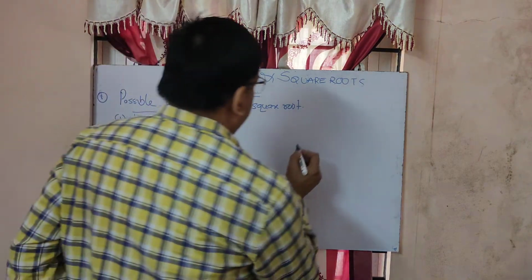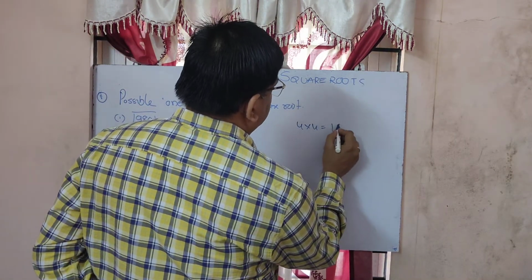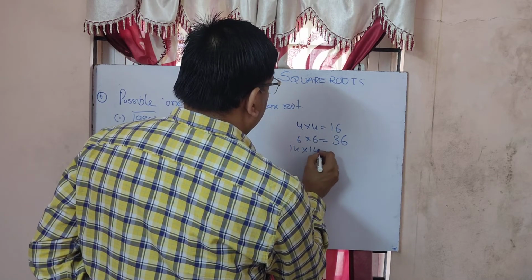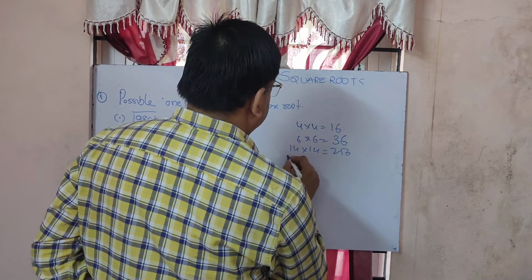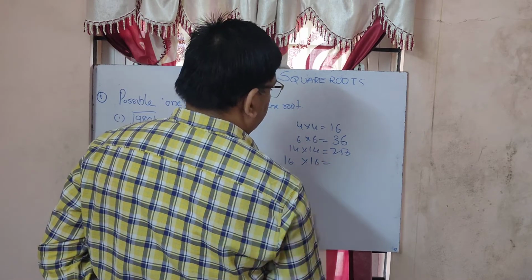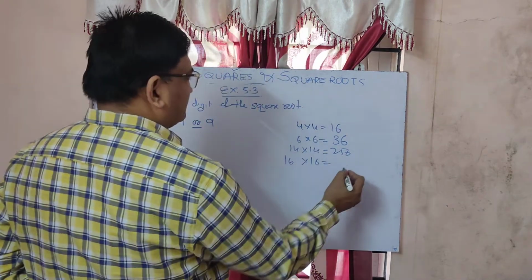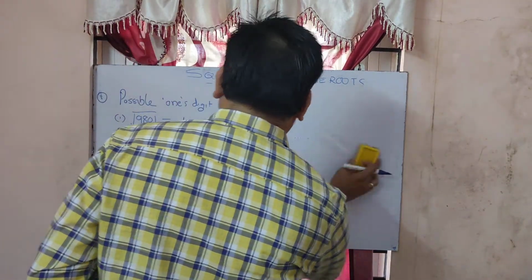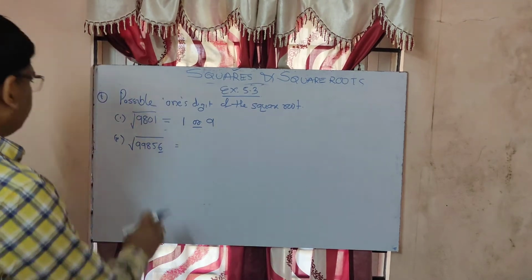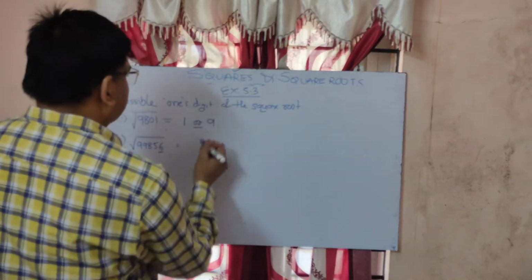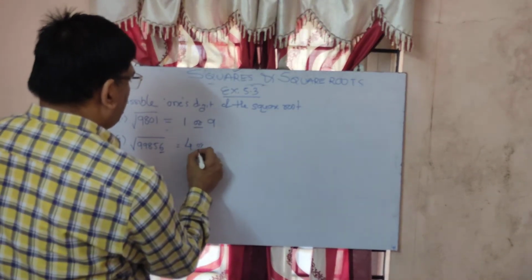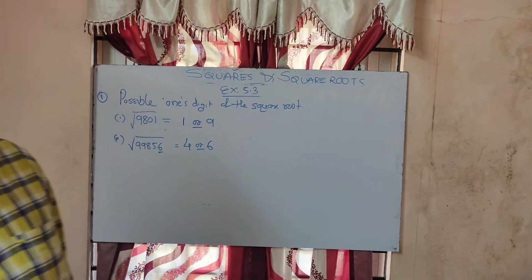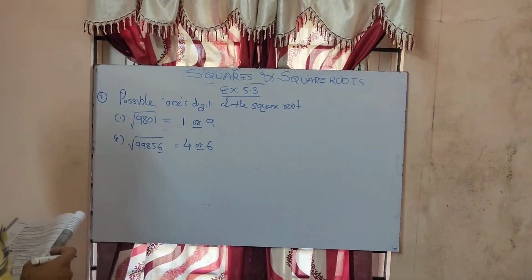We know 4 into 4 is 16. 6 into 6 is 36. 14 into 14 is 196. 16 into 16 is 256. So the end number will always be 6. So now here the end number is 6. It means the ones digit of the numbers is 4 or 6 only.